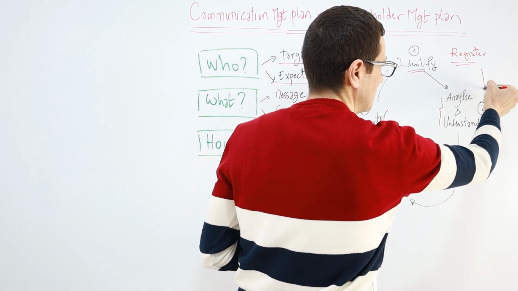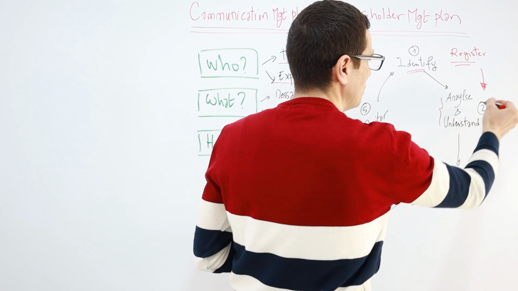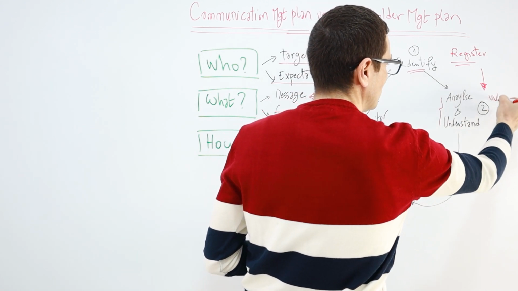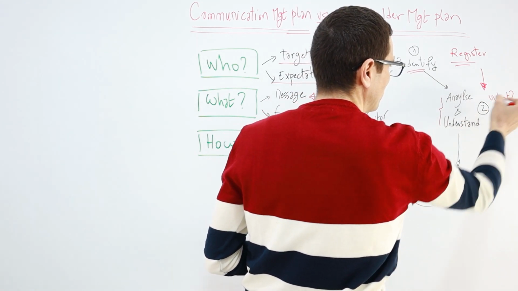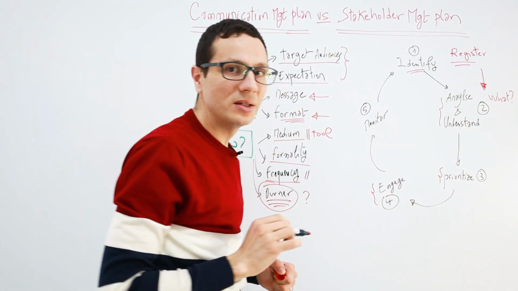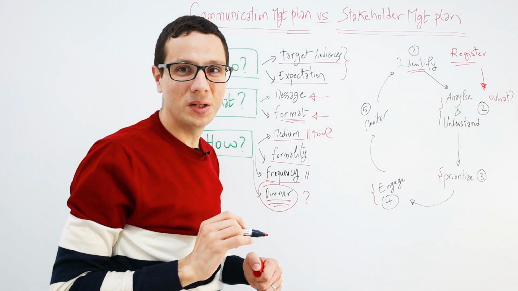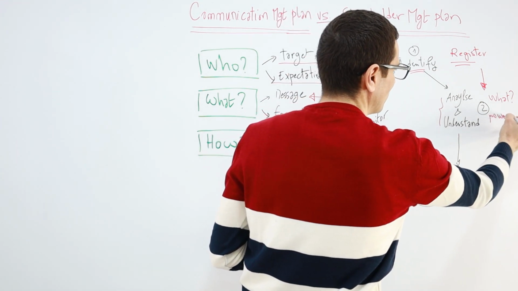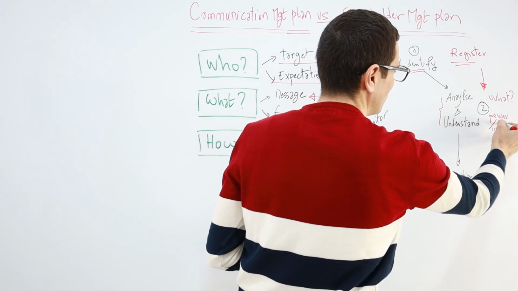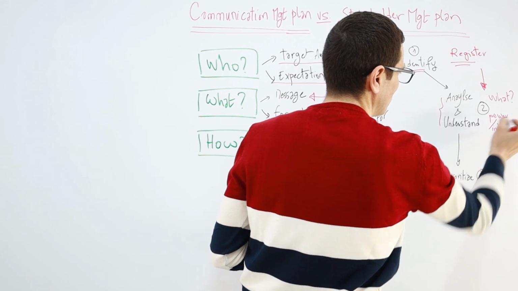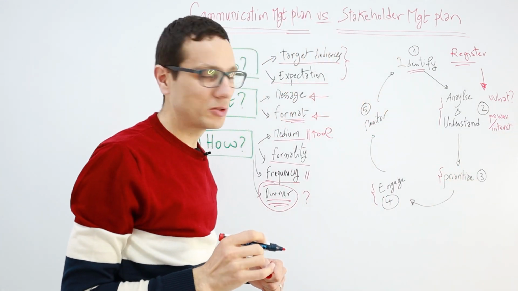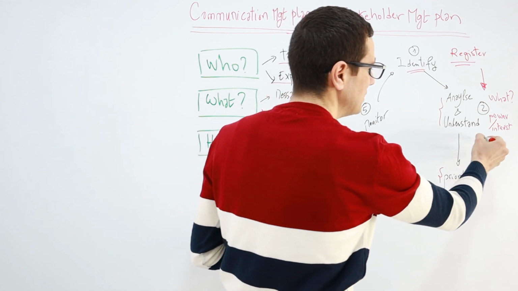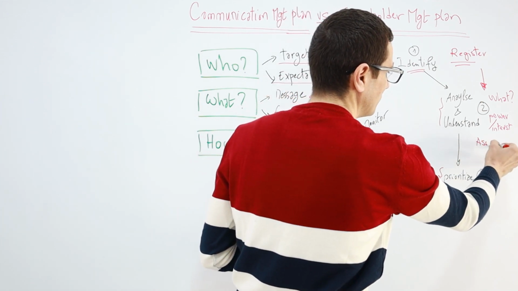After creating the stakeholder register, you define what tool you are going to use for analyzing and understanding the stakeholders. We might use the power interest matrix. We might use the assessment matrix.